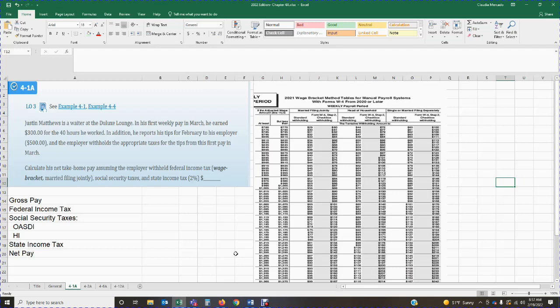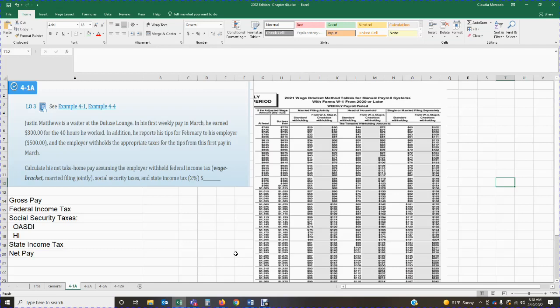In addition, he reports his tips for February to his employer. He made $500 in tips, and the employer is going to withhold the appropriate taxes for the tips from this first pay in March. Okay, so it's very important what they just stated. The tips were for February, but they were reported only this week, so the appropriate taxes are going to be deducted in the first pay in March, which is the one that we are calculating.